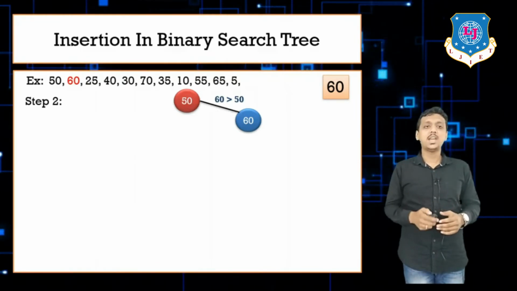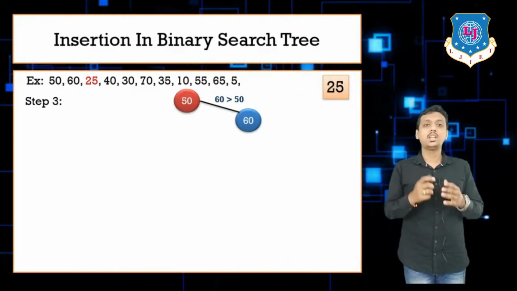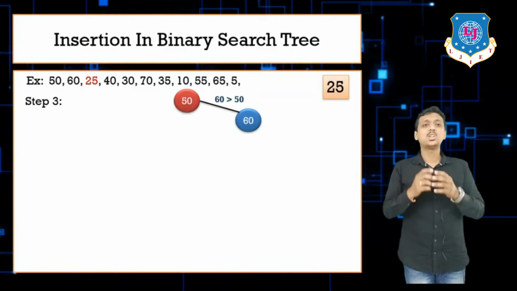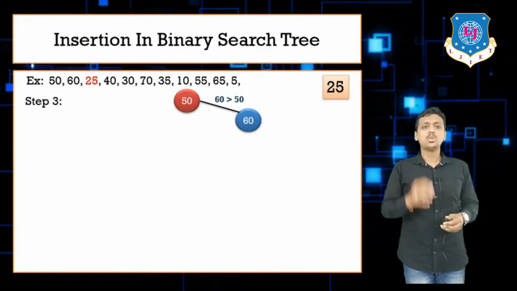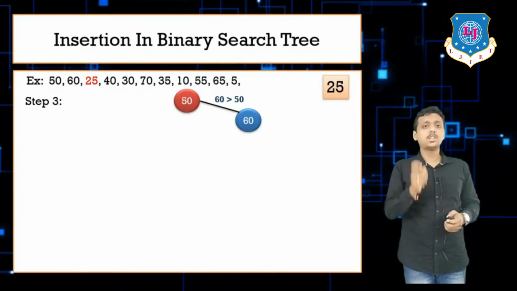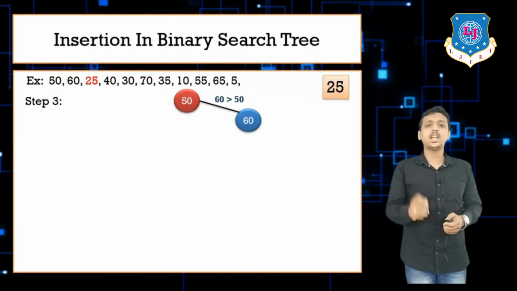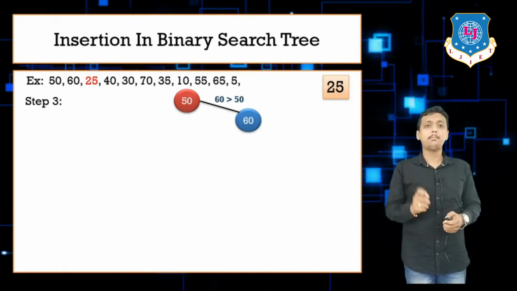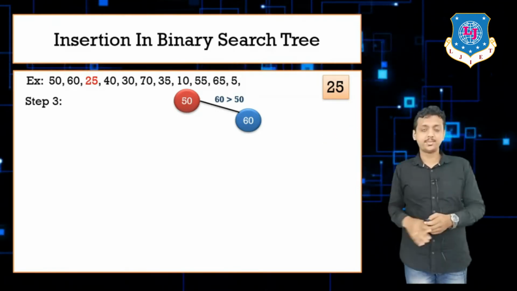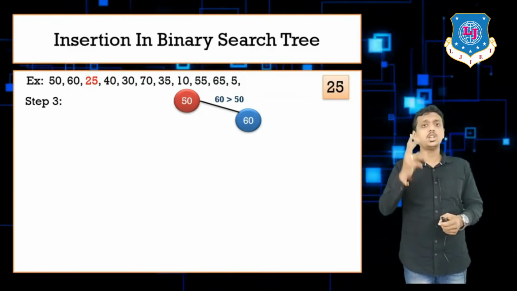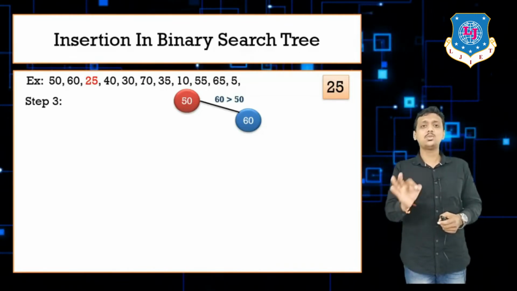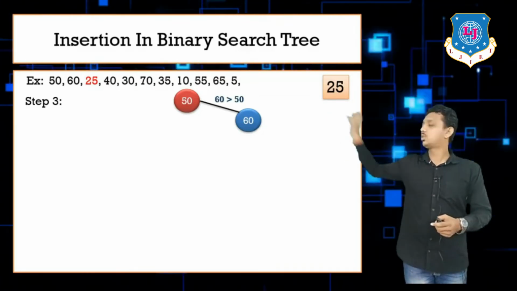Students, the next we have is 25. Whatever operation you are going to perform on a binary search tree, you first need to compare from the root node. Either it is insertion, deletion or searching, you need to compare the values with the root node.